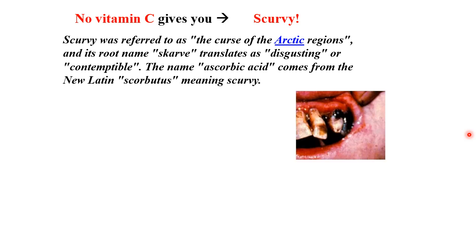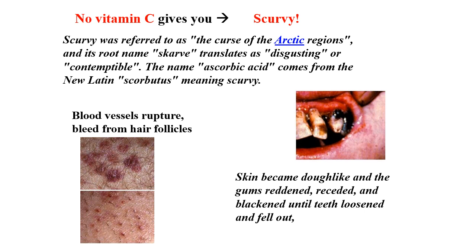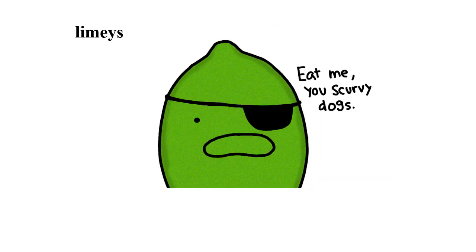Yeah, problem. The word scurvy came from a word that means disgusting. So these poor people are having decay of the teeth, of the connective tissue that is holding the teeth together. And the blood vessels don't have a lot of resistance, so they will break and they have bruises, and it's not fun. So mainly, eat me, you scurvy dogs.